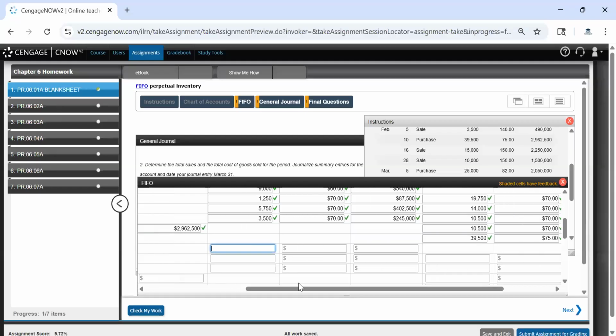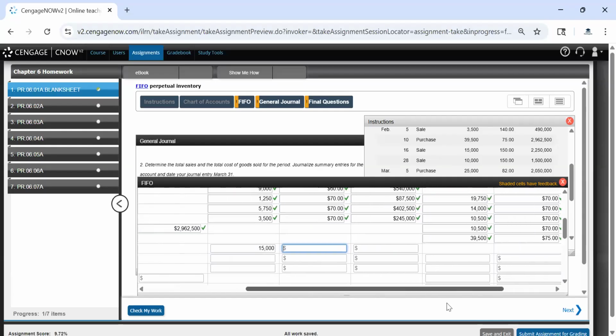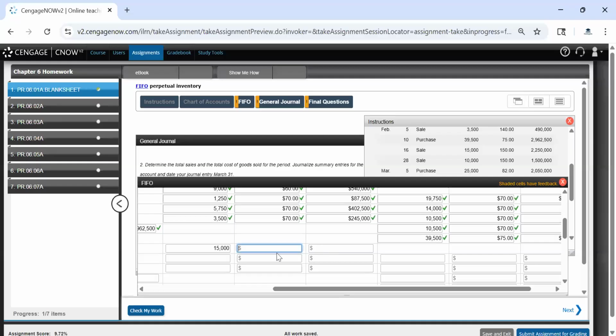And then we have some sales transactions to record. On the 16th, we sell 15,000 units of inventory at $150. For that 15,000 units, we first have to use up the inventory that was purchased first, which is the $70 inventory.